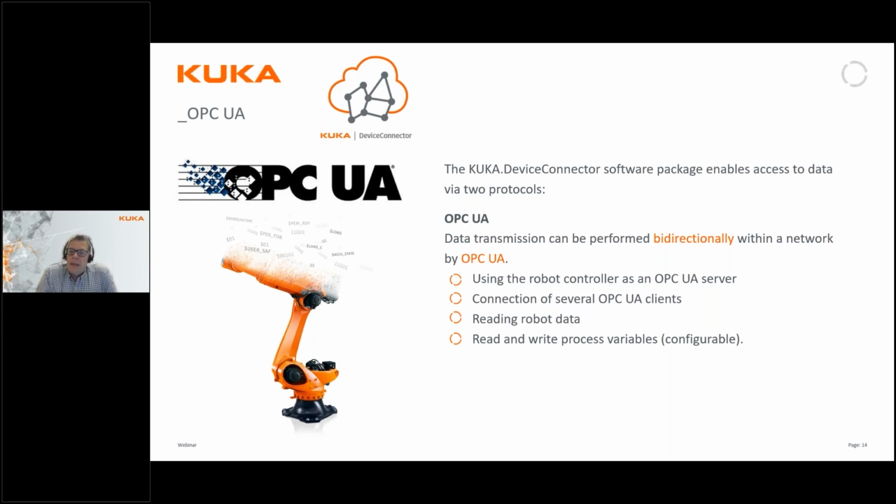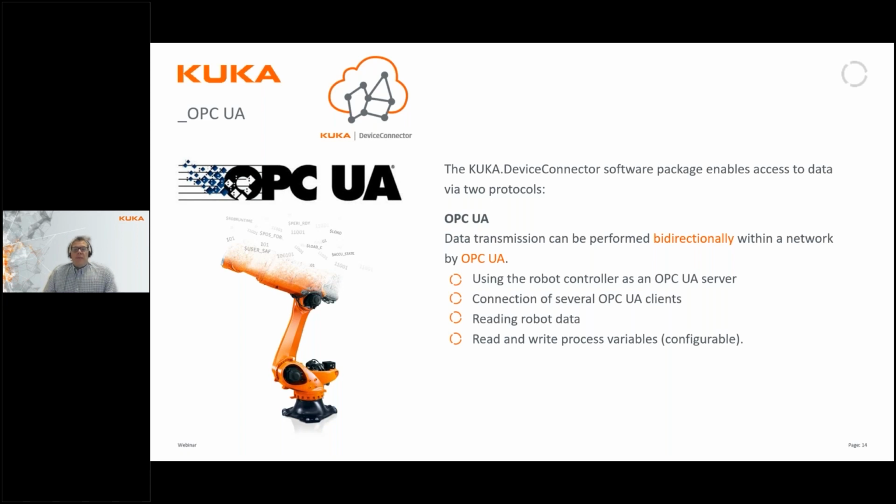The data transmission is also bidirectional. That means that we can both receive and send data over this protocol. Again, it's possible to read robot data, but in this case, we could also read and write process variables to the robot. So for example, we could use the OPC UA interface to change recipe parameters in a robot.